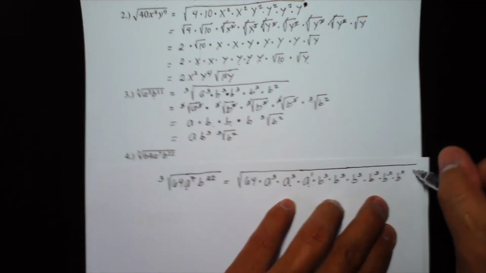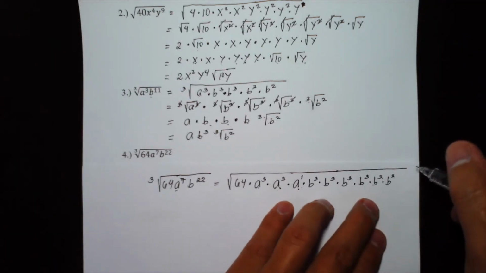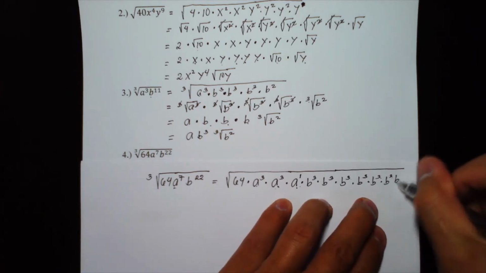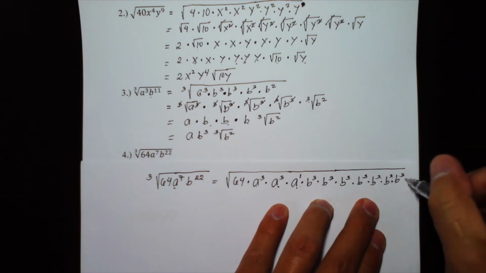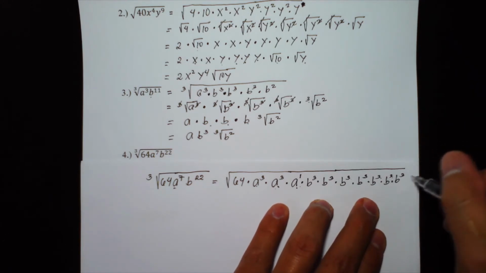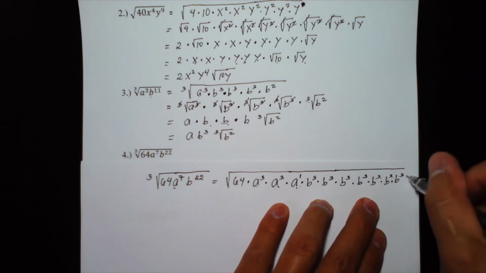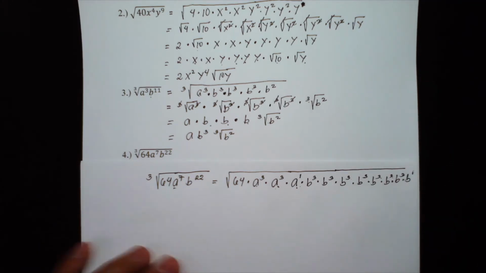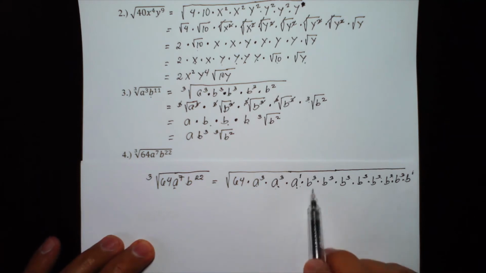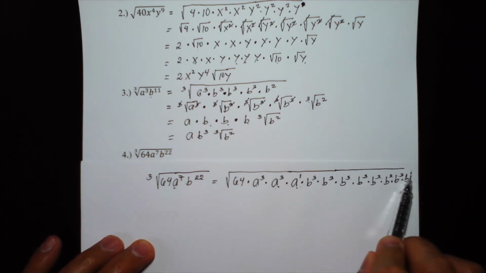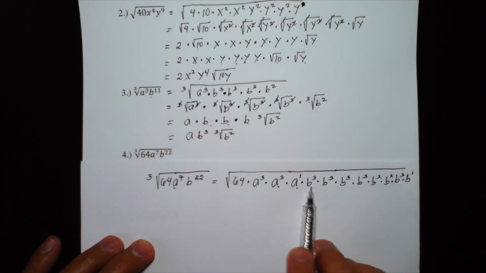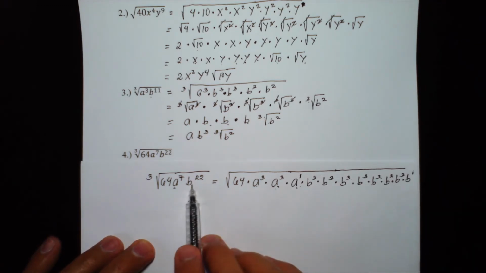So we have b cube, 21, then we have b raised to 1. Okay, so we have 3, 6, 9, 12, 15, 18, 21 plus 1, that will be 22. So when you multiply this, the result will be b raised to 22.